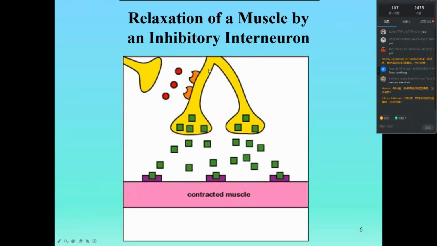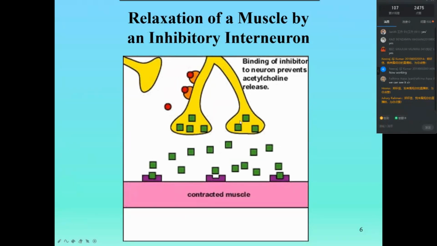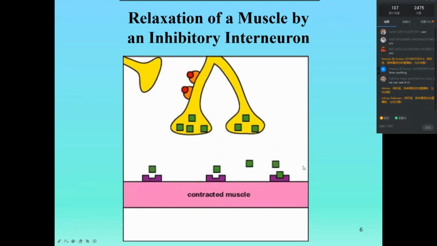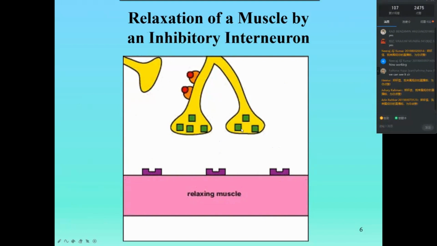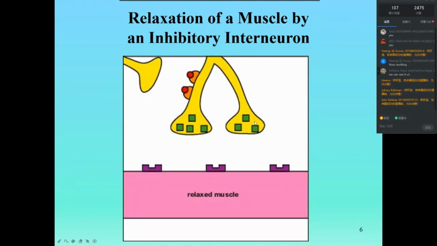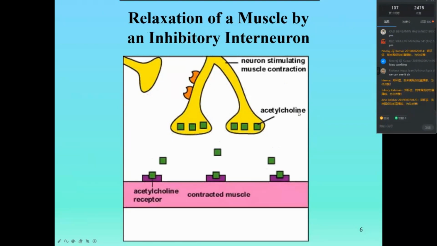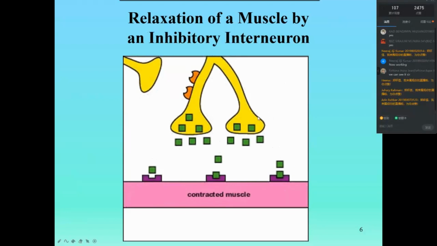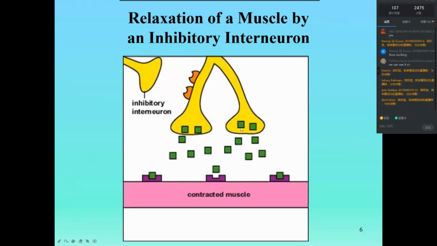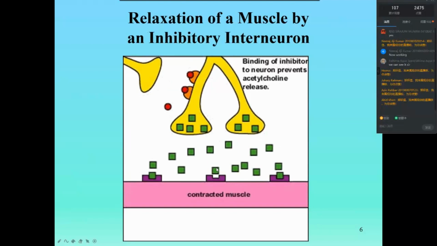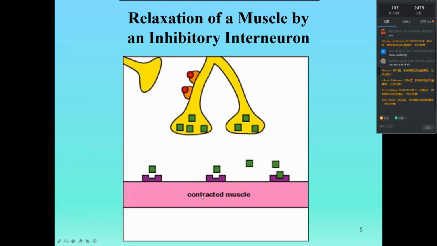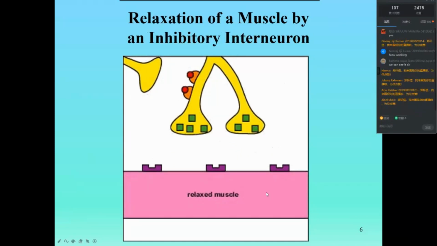The motor nerve cell can release this green molecule, and that's acetylcholine. This is a neurotransmitter. Once this molecule binds to the receptor on the muscle cell, the muscle will contract.